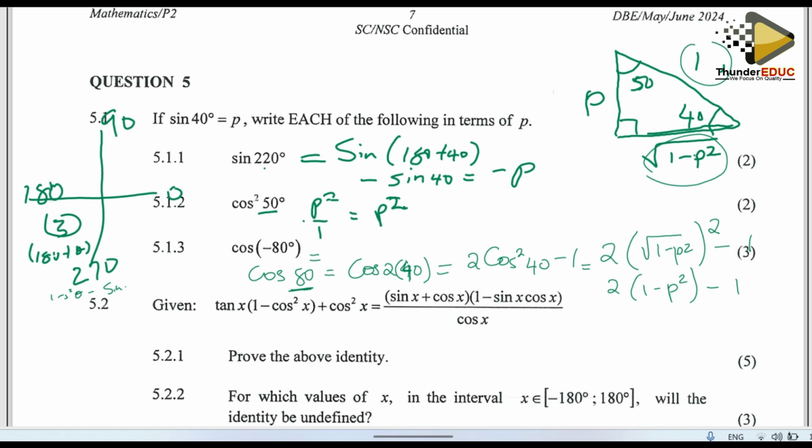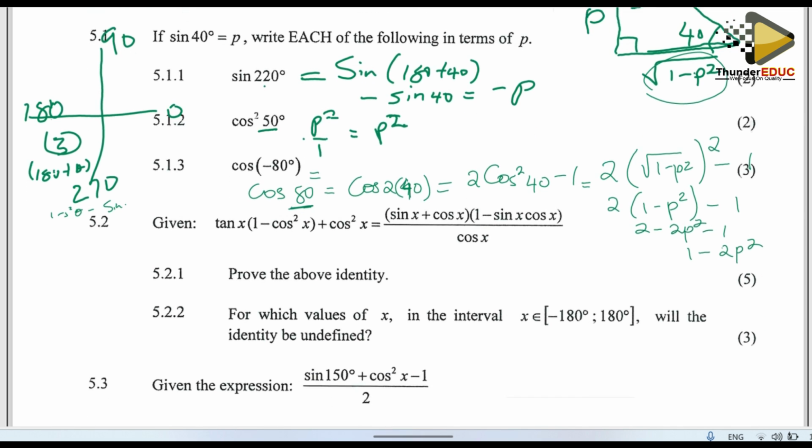minus 1. Open this, so I'll be left with the 1 minus p squared. This is a 2 minus 2p squared minus 1, so it's a 1 minus 2p squared.